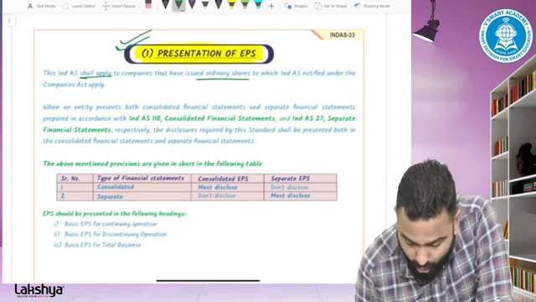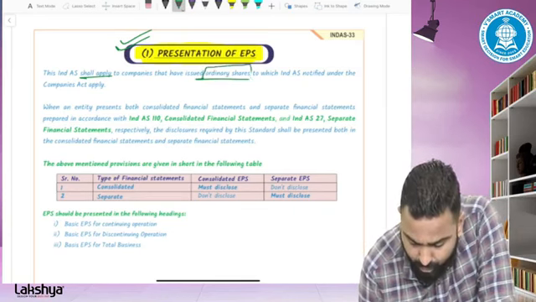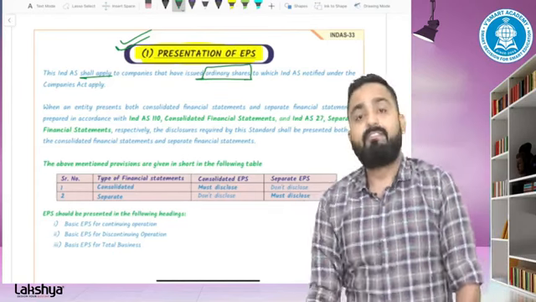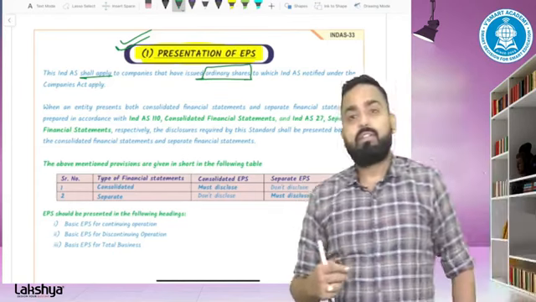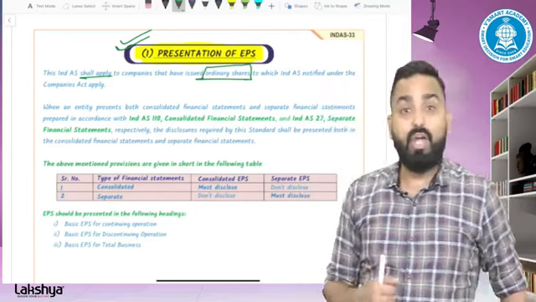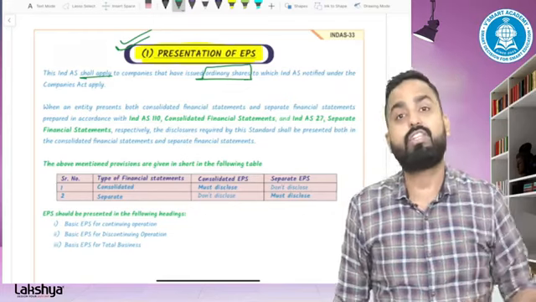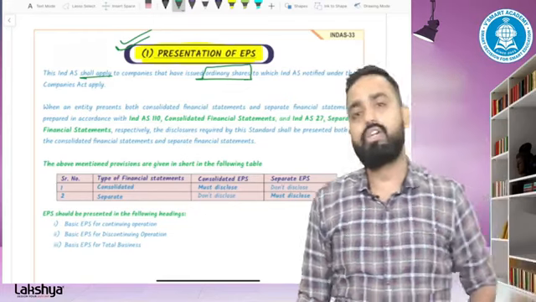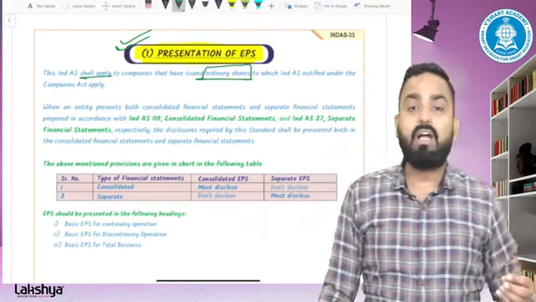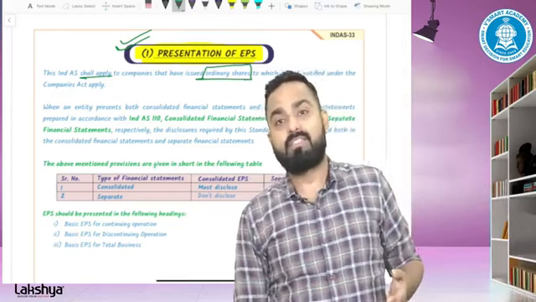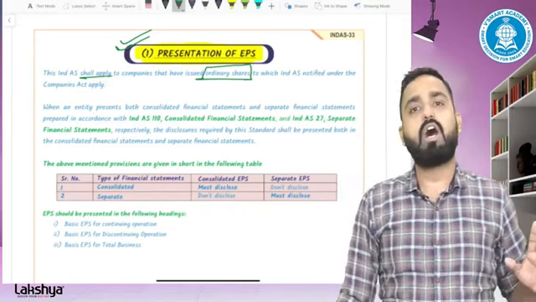What do you mean by ordinary shares? Ordinary shares means equity shares. If you have issued equity capital, that is an ordinary share. But if you have issued preference shares or debentures, this is not an ordinary share. Debenture is never an ordinary share. Outstanding preference shares and outstanding employee stock option plans are not ordinary.